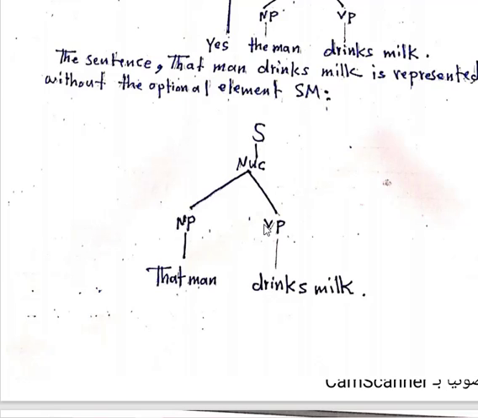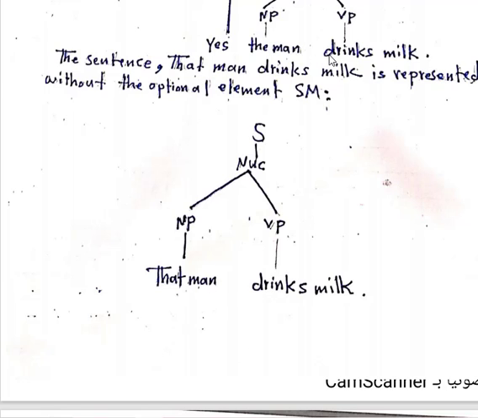But in this tree, there is no sentence modifier to give us extra information about the man.